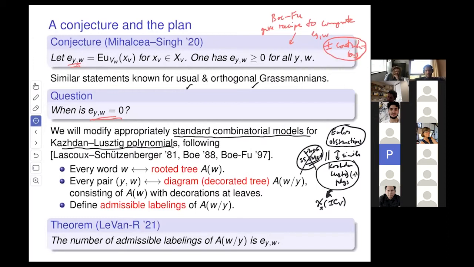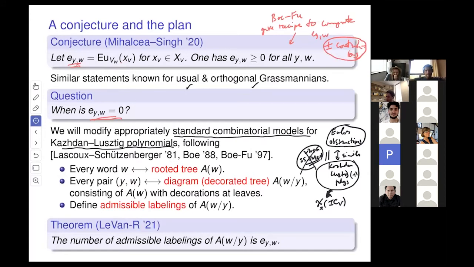And I will explain some of the combinatorics, but the idea is that to every word parameterizing the Schubert cell, you associate a tree. If you look at a pair of words, as you should when you compute these Euler characteristics, then on top of the tree associated with w, you have to add some decorations.